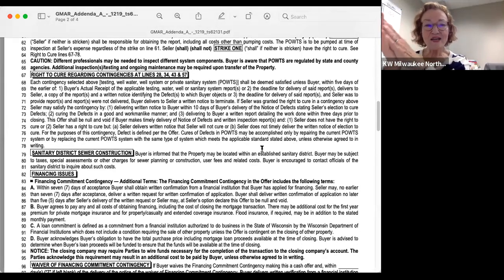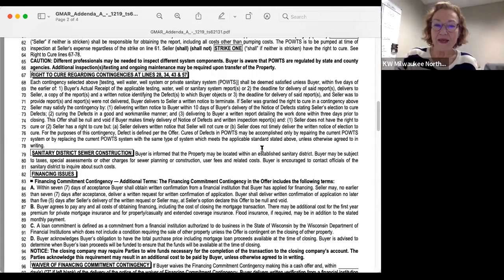Okay, so now they're talking about the right to cure. What does it mean, the right to cure, for either the water, the well system, and the private sanitary? So they want to define that specifically for Addendum A if you're giving right to cure.